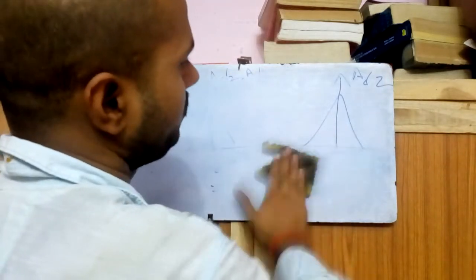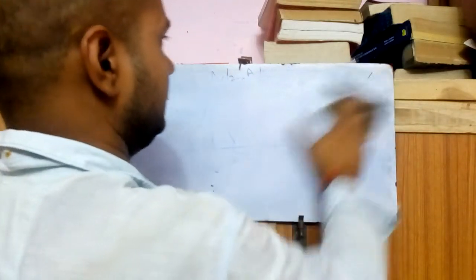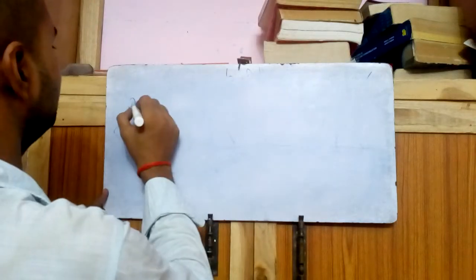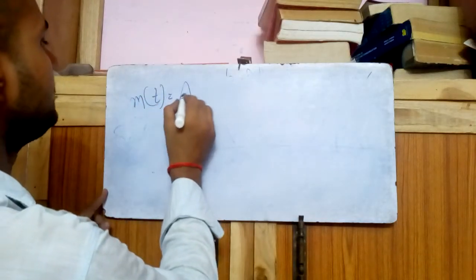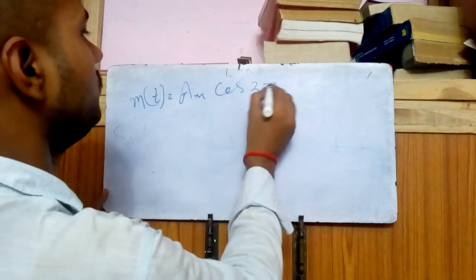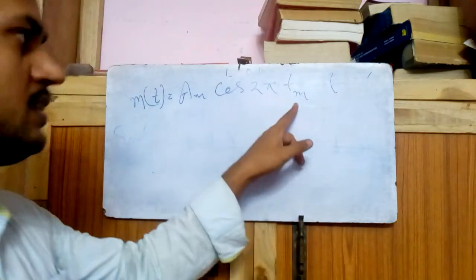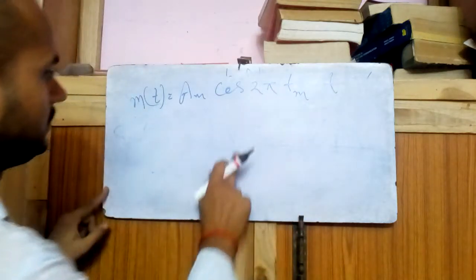So for single tone message, if m(t) is Am cos 2πfmt, here fm is a single frequency, so it is single tone.